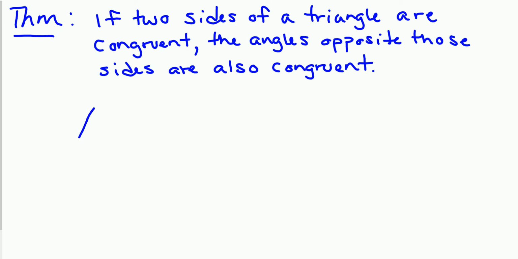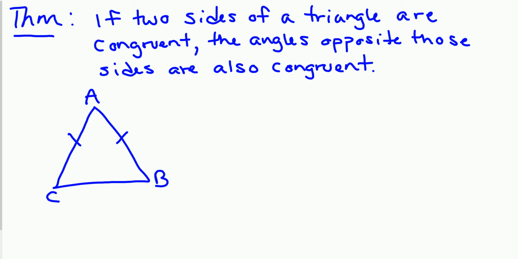Right, so if we have this triangle here, and I said that this side was congruent to this side, and that's what those slash marks mean. It means that those two sides are congruent.